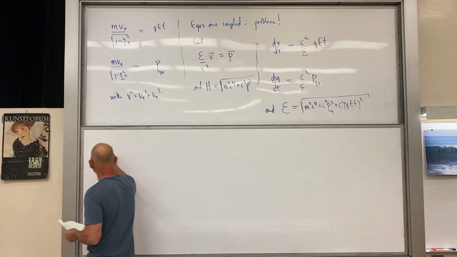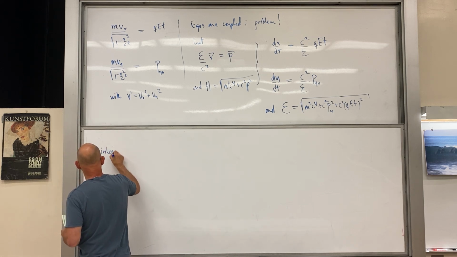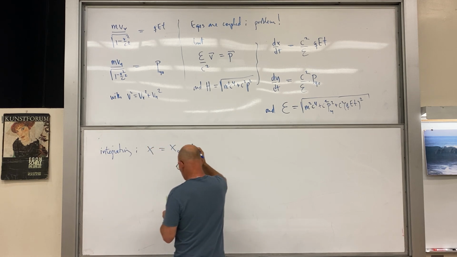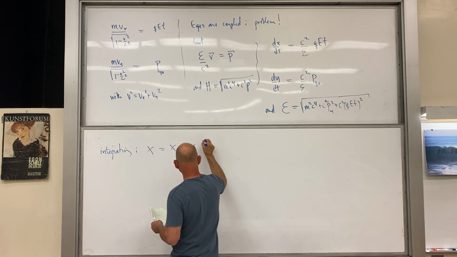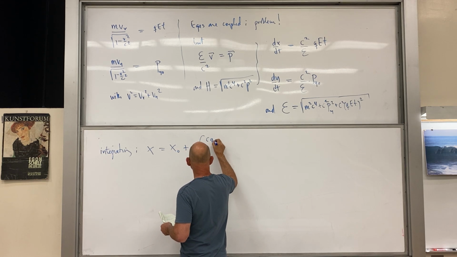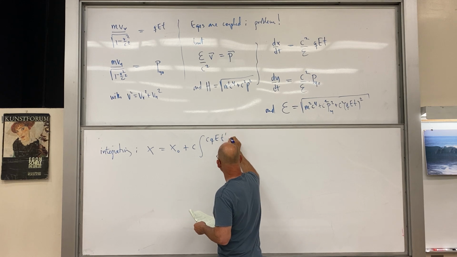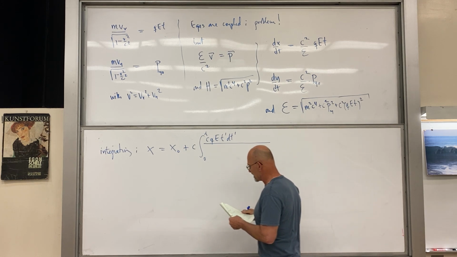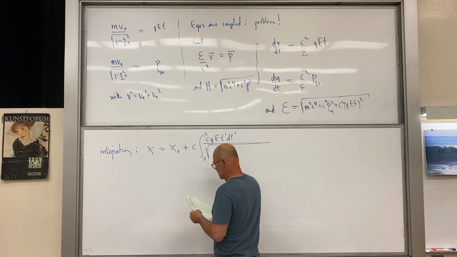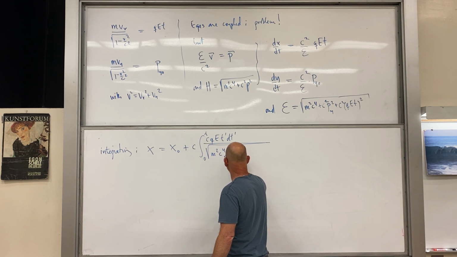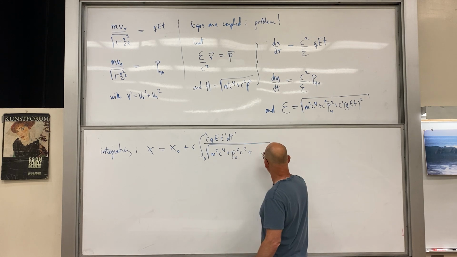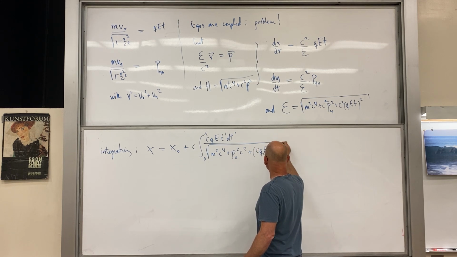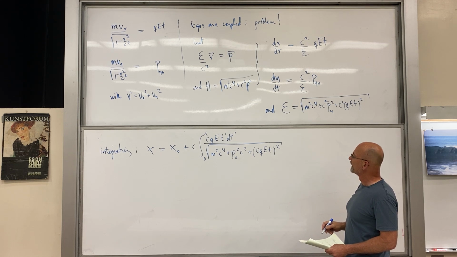So we have x equals x_0 plus the integral from 0 to t of c qEt' dt', and the denominator is this function of time, m squared c to the fourth plus p_0 squared c squared plus the entire thing (cqEt') squared.